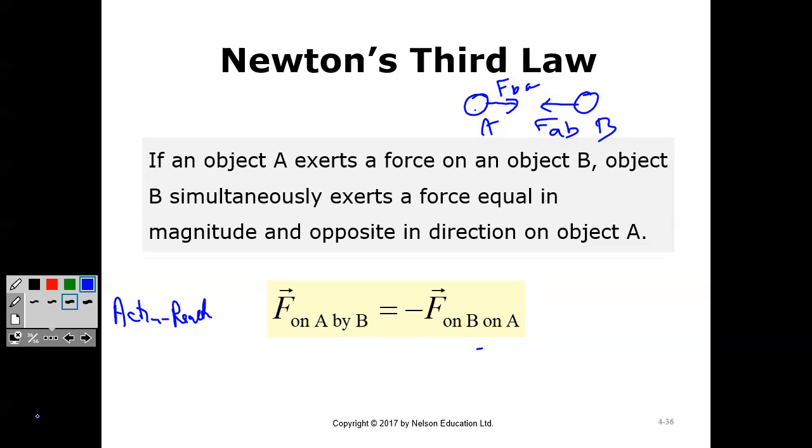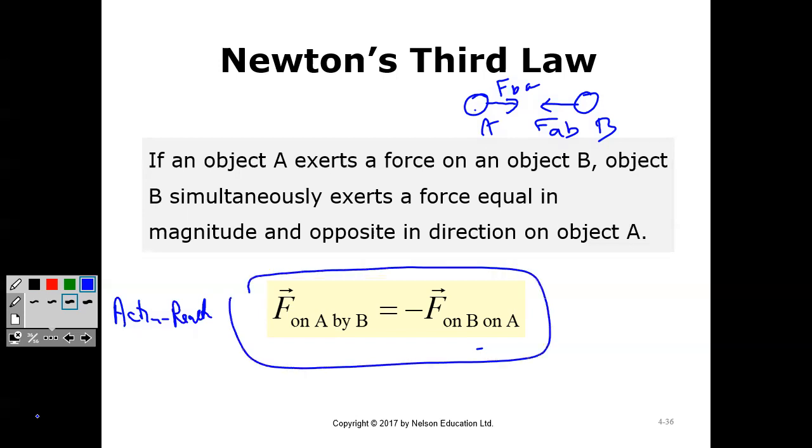The forces are always equal in magnitude, opposite in direction. Mathematically, force on A by B is equal to force on B by A with a negative sign. So that negative tells you the direction is opposite.